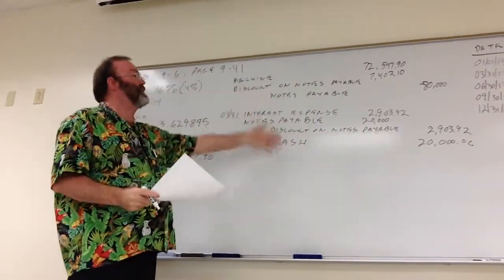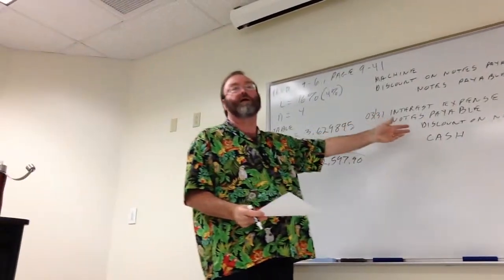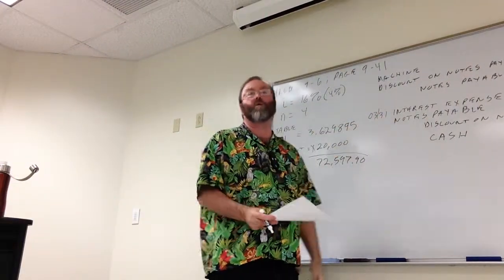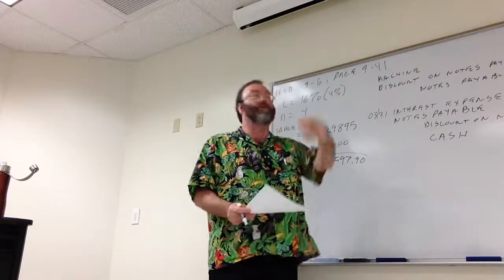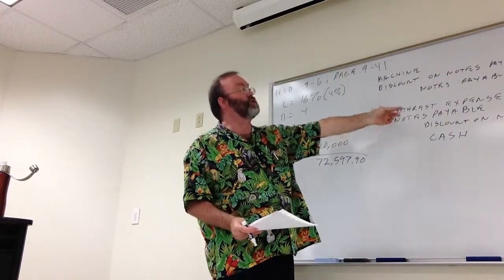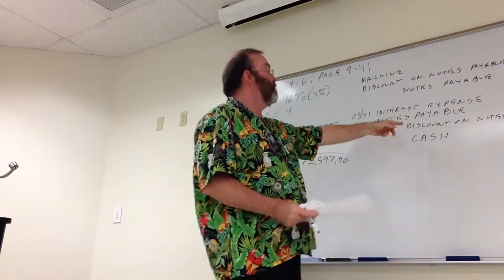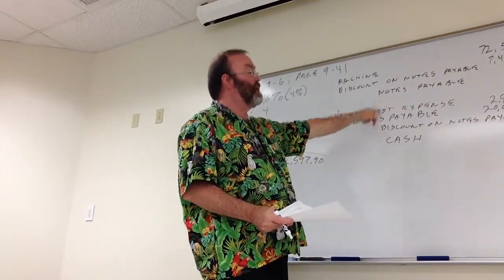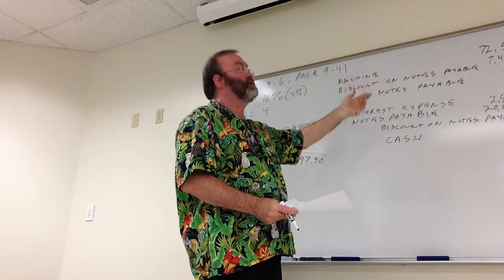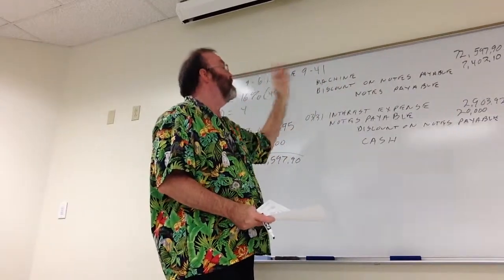And then you would repeat that same basic entry for the remaining 3 quarters throughout the year. So at the end of June, your interest expense would only be $2,220.07. Your reduction to the discount on notes payable would be the same, $2,220.07.